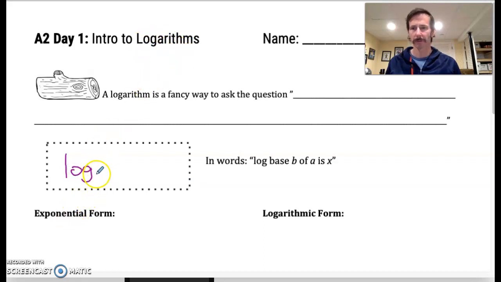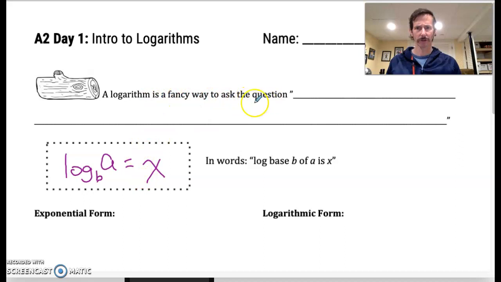And we put this little subscript down here, and that is going to be the base of our logarithm. And then we have an input value that's going to go into the log function, and that's going to result in an output. This expression would be read log base b of a equals x. So this is what you plug into your logarithm with this base, and that's what the answer would be.